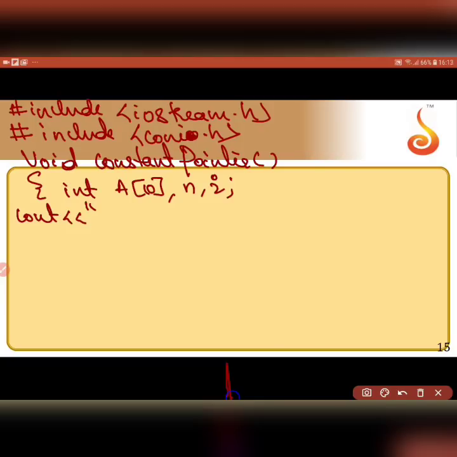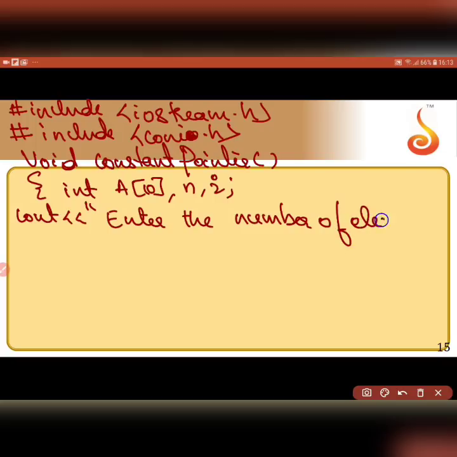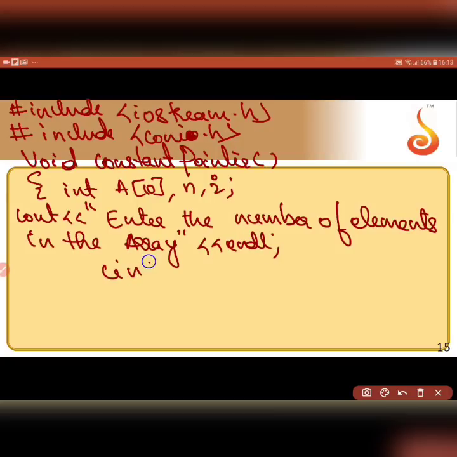So I'm asking the user how many elements you want in your array. So cout enter the number of elements in the array. Cin n. So n will have the number of elements in the array.